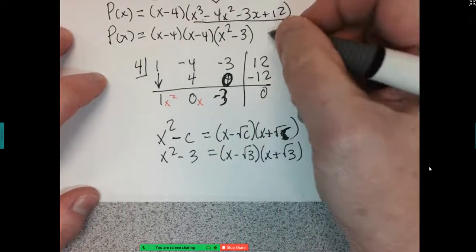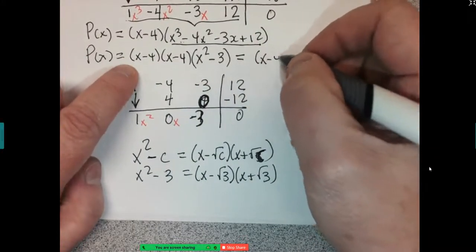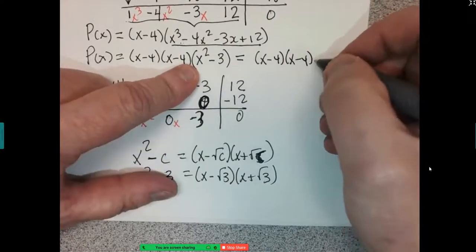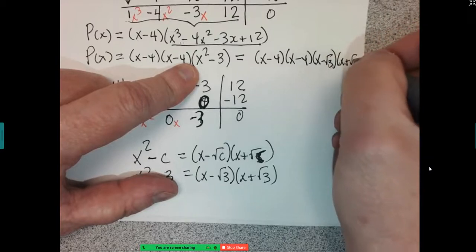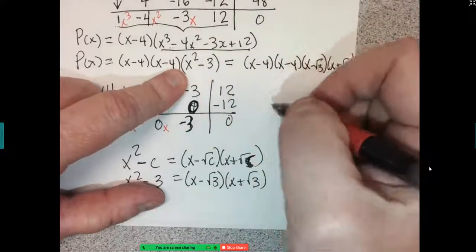So P of X is x minus 4 times x minus 4, and then x minus the square root of 3 times x plus the square root of 3.